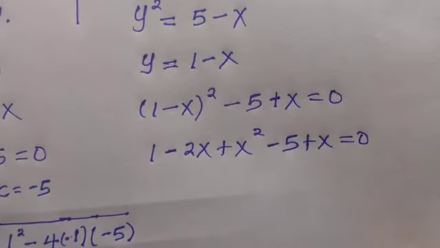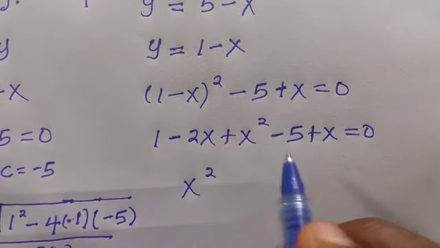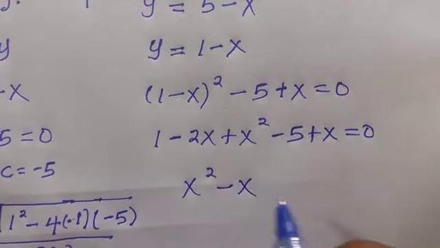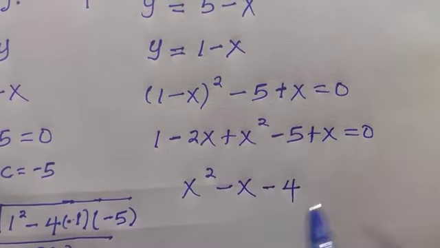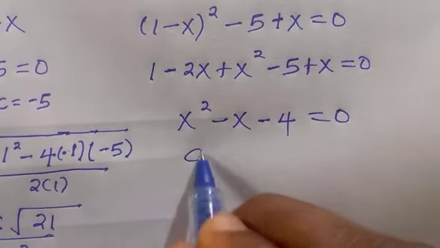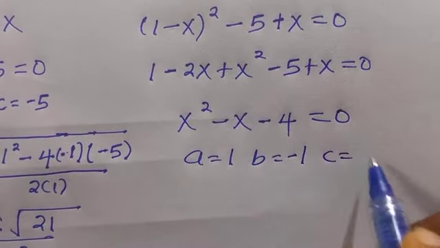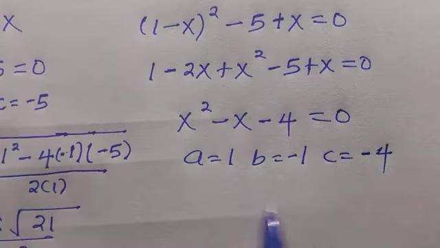If we start this equation with x squared, it looks like a quadratic equation. So we have x squared minus x minus 4 equals 0. We can also solve this by applying what we have applied already, that a is 1, b is minus 1, and c is minus 4.